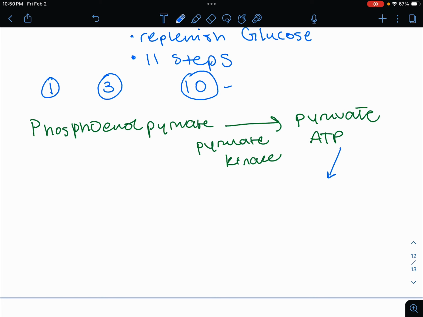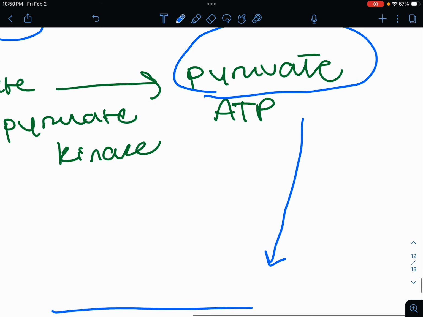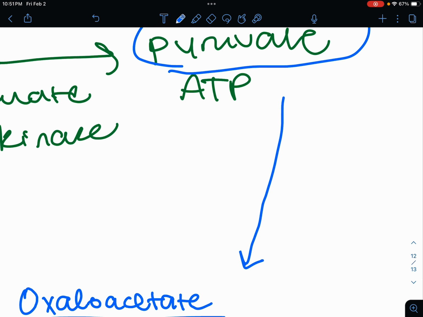All right, so pyruvate will be our starting material, and we actually have something new as our product. We're not going specifically back to phosphoenolpyruvate yet. We have an intermediate step that we have to take into consideration. Pyruvate will actually go to oxaloacetate, and the enzyme this reaction requires is pyruvate carboxylase.